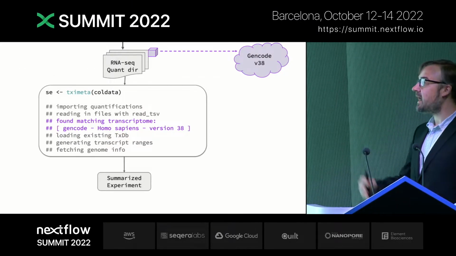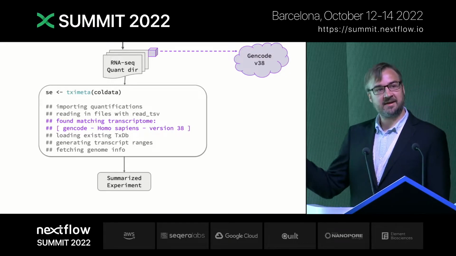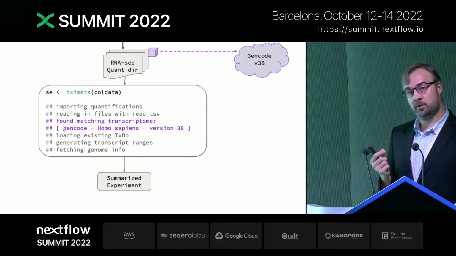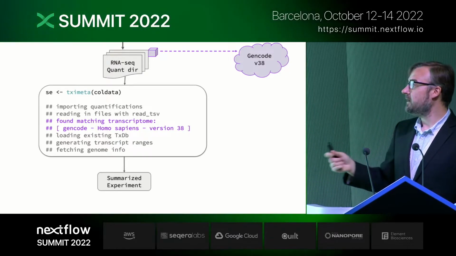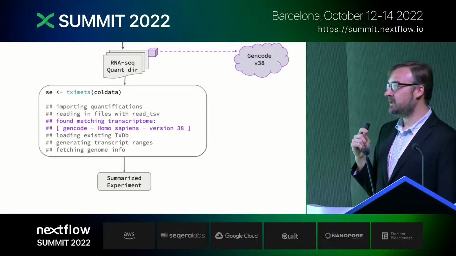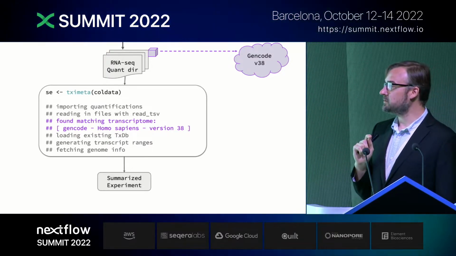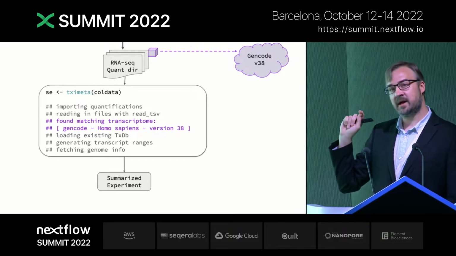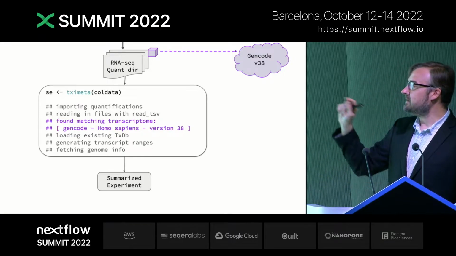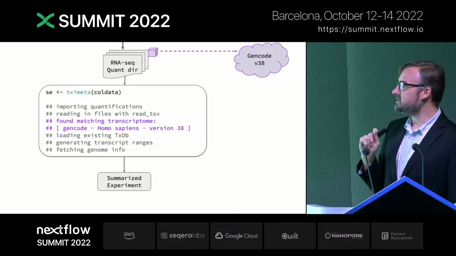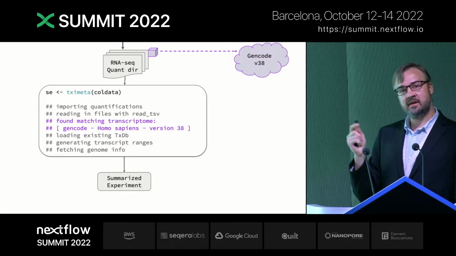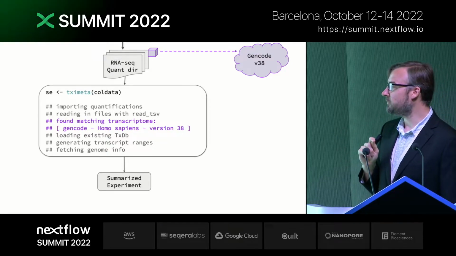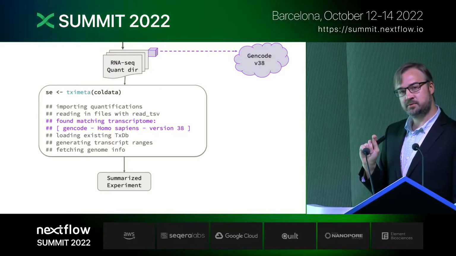And then at analysis time, you're able to do something like this, right? So this is actual R code from tximeta. I have a sample sheet, which is what colData is. I load an experiment object, and it gives me this nice output. It says I'm importing the quantifications, I'm reading in the files that are TSV format. I found a matching transcriptome.